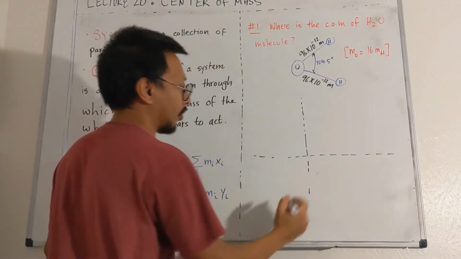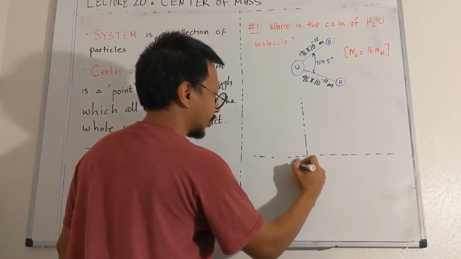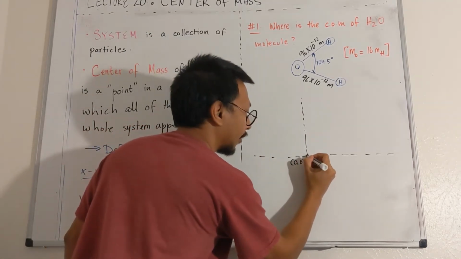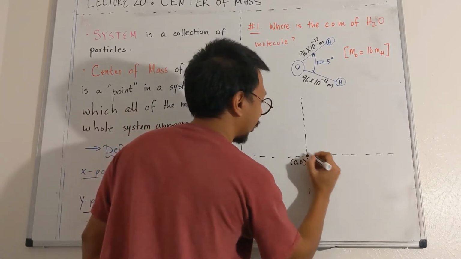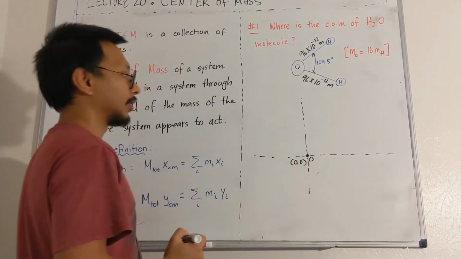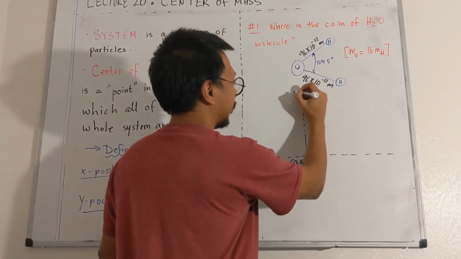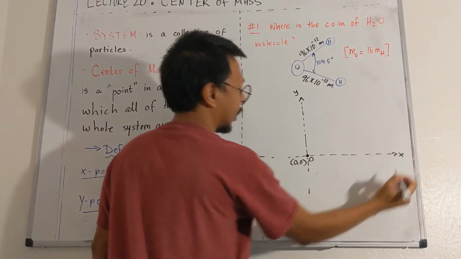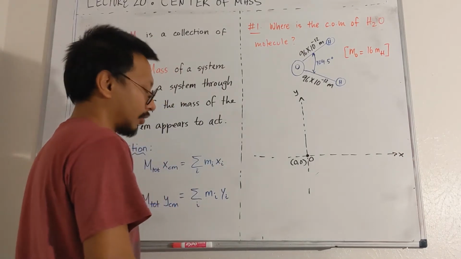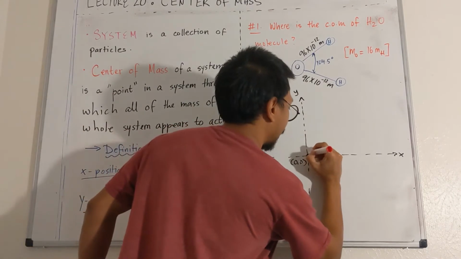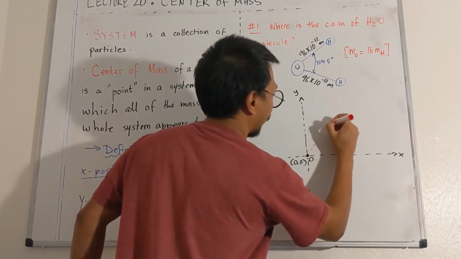At the center of this coordinate system, which is the origin 0, 0, both x and y coordinates are 0, we have oxygen. Here lies oxygen, and from here, this is the y-axis, this is the x-axis, and from this oxygen we will have the hydrogens at two ends of a triangle.